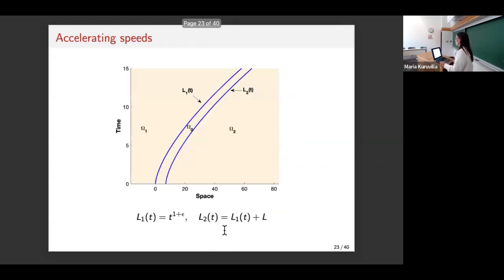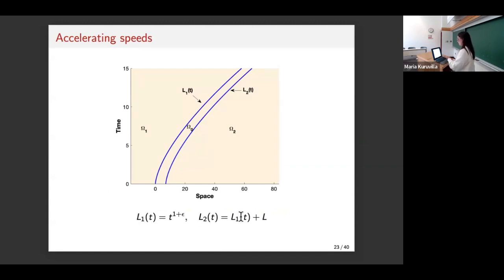Okay, so the first one we will look at is accelerating speeds. Okay, so in this case, the suitable habitat stays the same size for all time.